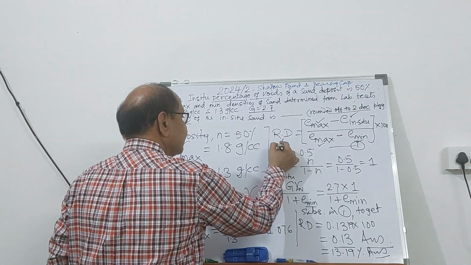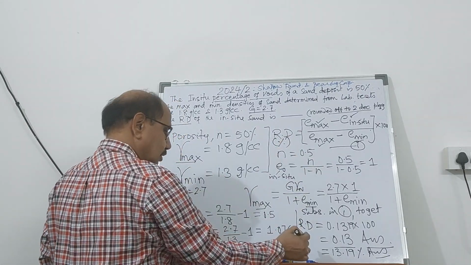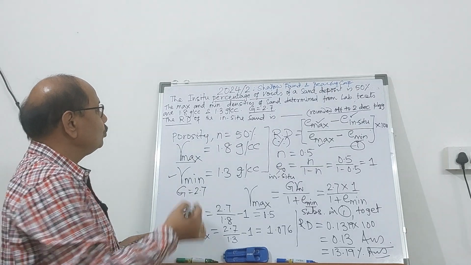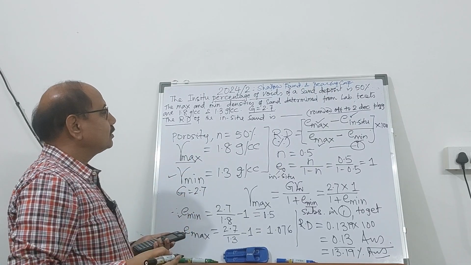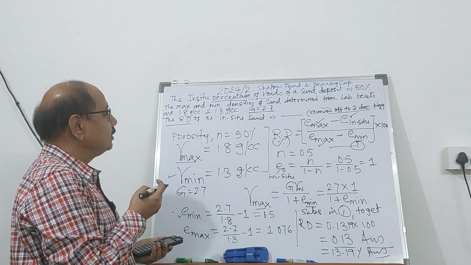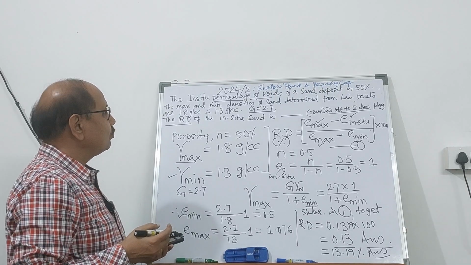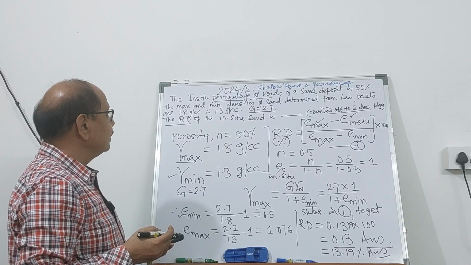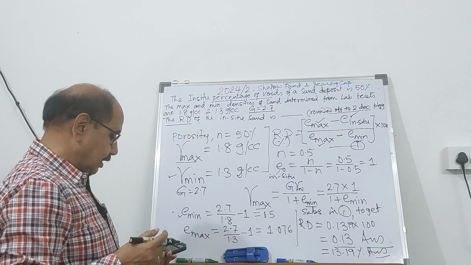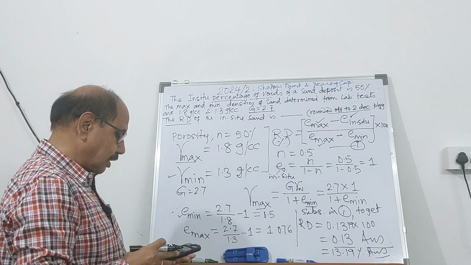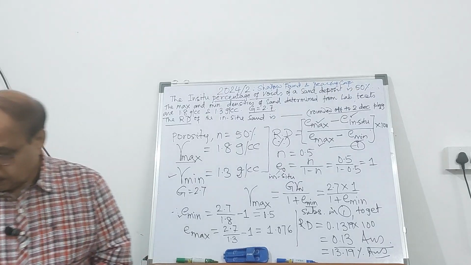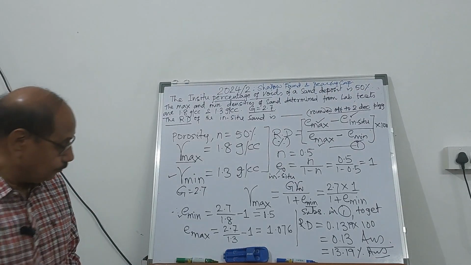Normally relative density is expressed in percent. So that becomes the answer. This is how you can calculate. This question I found in the shallow foundation and bearing capacity chapter, where you have to find out the relative density. Then the next problem that I would like to go further with is like this.